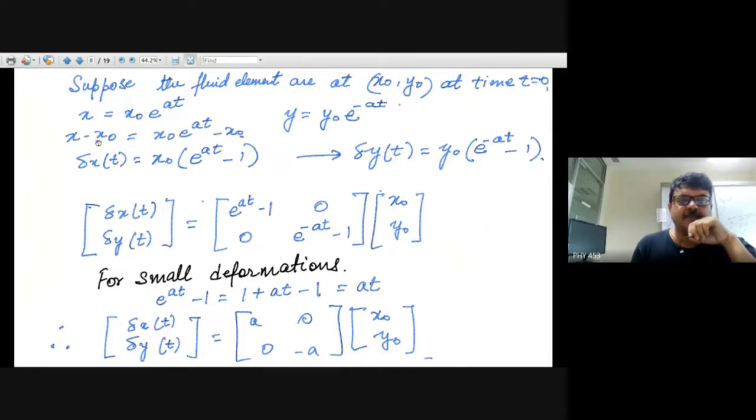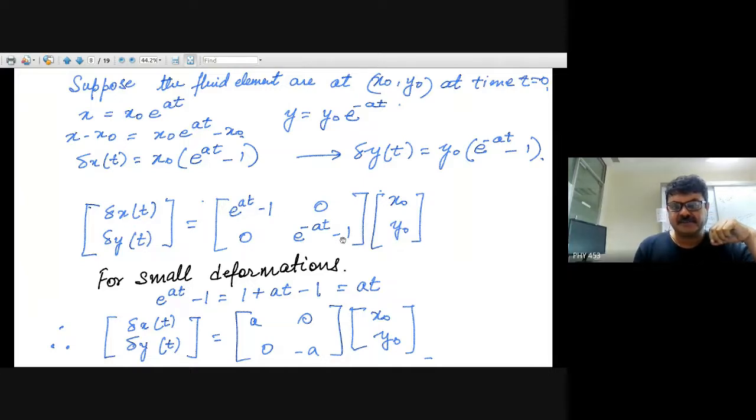what you would do is subtract x0 from both sides of the equation, and then delta x becomes x0 into e to the power At minus 1. And similarly, delta y as a function of t, the deformation in the y direction, becomes y0 into e to the power minus At minus 1, right? So if you have to write it in matrix form, you would write this as delta x(t), right?